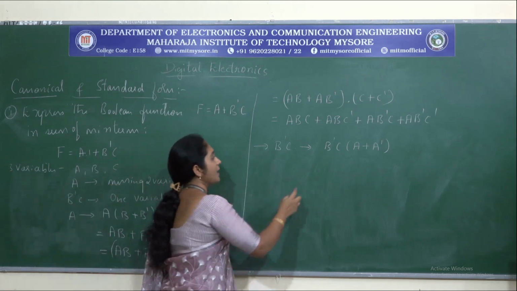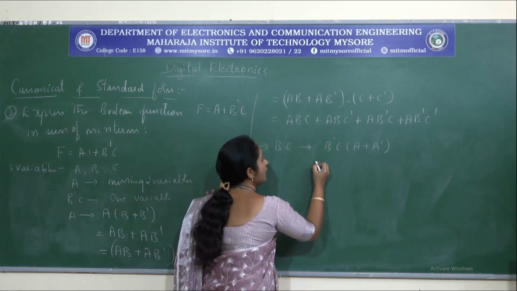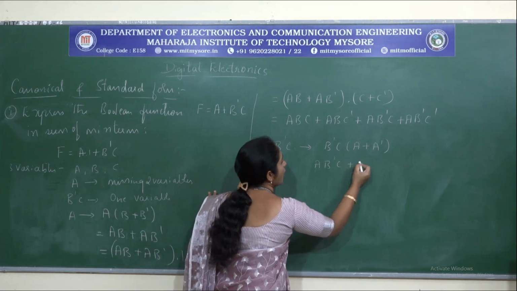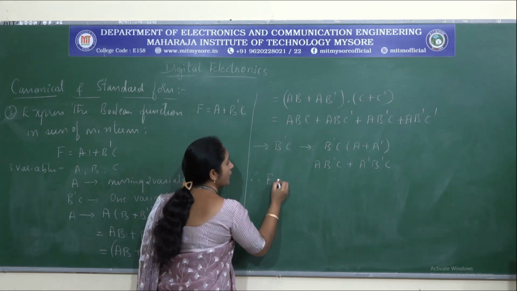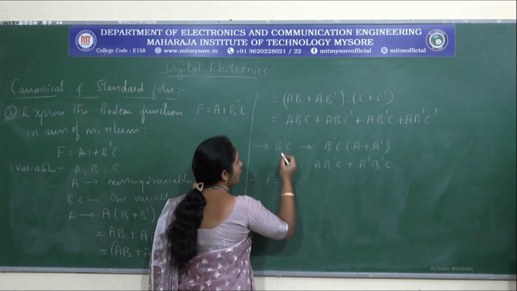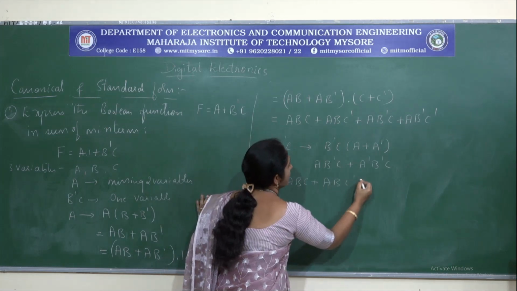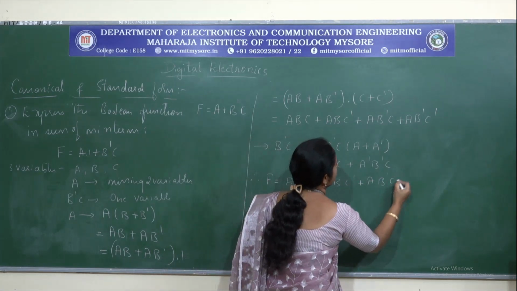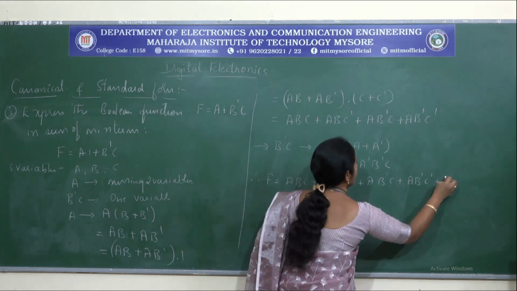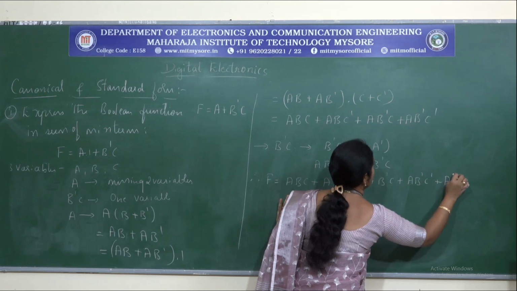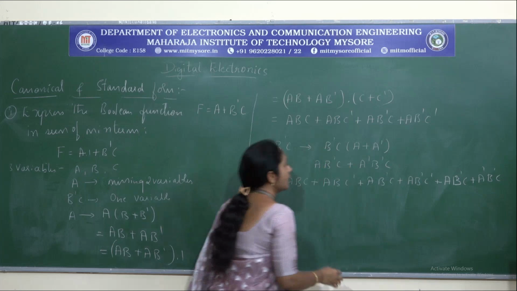Therefore we can write B dash C into A plus A dash, which is A B dash C plus A dash B dash C. Therefore the function f can be written with the first term expanded as above, and the second term as A B dash C plus A dash B dash C.